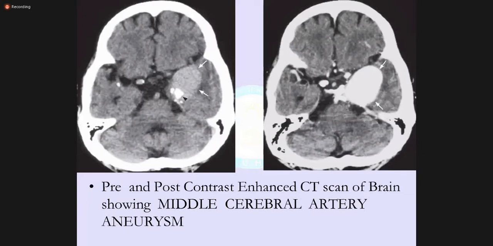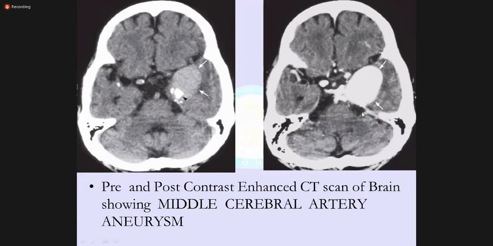Now, on plain CT scan, brain axial section, we see a few calcific foci in the left middle cranial fossa, adjacent to the basal cistern, with another hyperdensity adjacent to it.